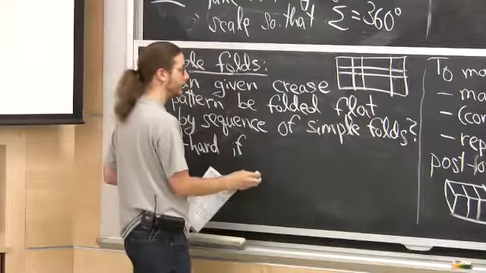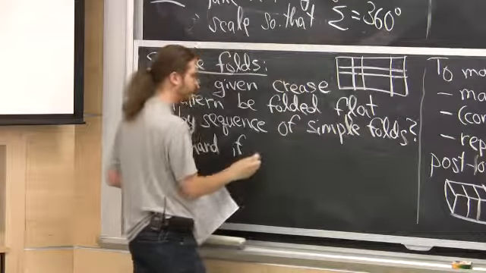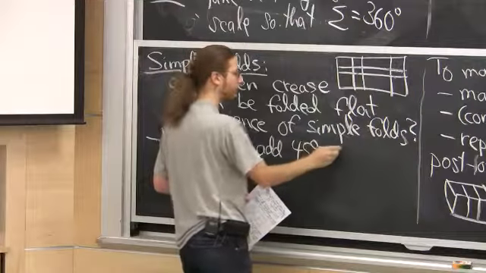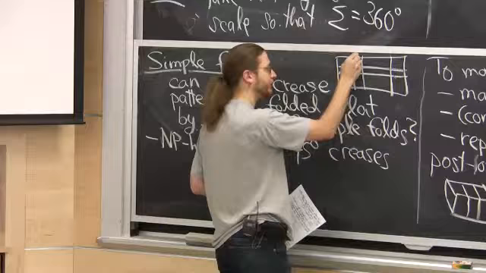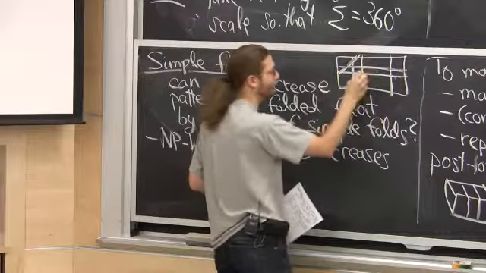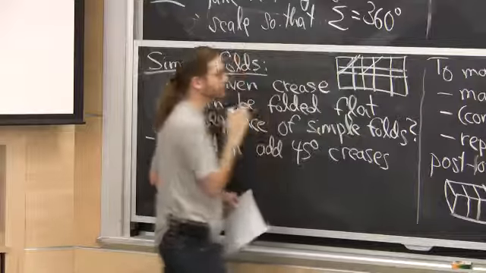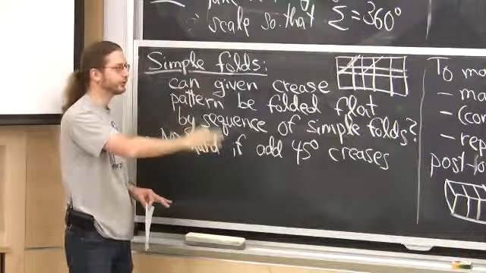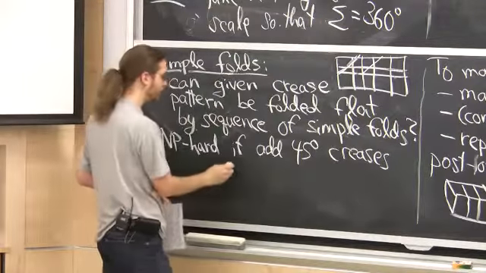if we take this situation, the map situation, and we add 45-degree folds, creases. So I just add some things like that. Looks kind of crazy. Got to do some subdivision. I just add 45-degree folds, then this problem becomes NP-hard. So with orthogonal creases in a rectangle, it's easy, but you add one more direction, it's hard.